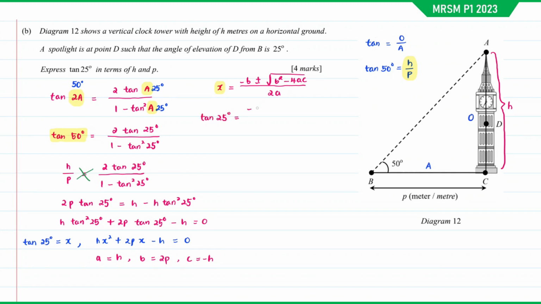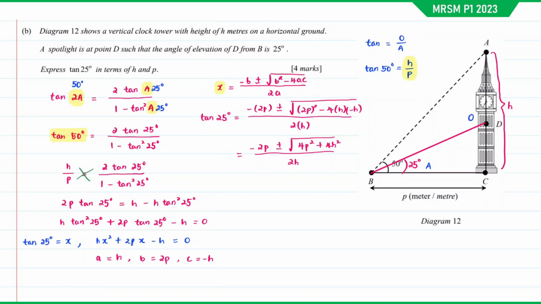So this is equal to negative 2p plus or minus the square root of (2p)² minus 4 times a, which is h, times c, which is negative h, all over 2 times h. Next, we get negative 2p plus or minus the square root of 4p² + 4h², over 2h.